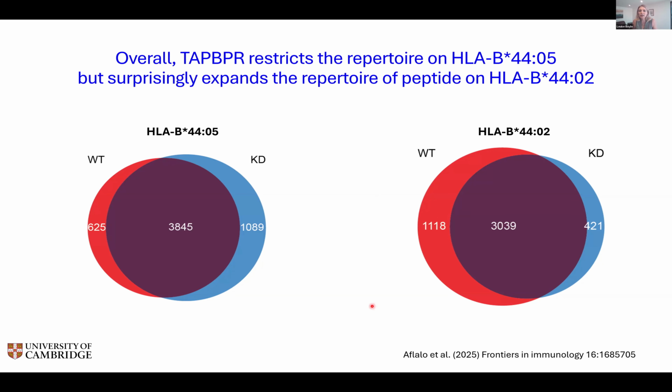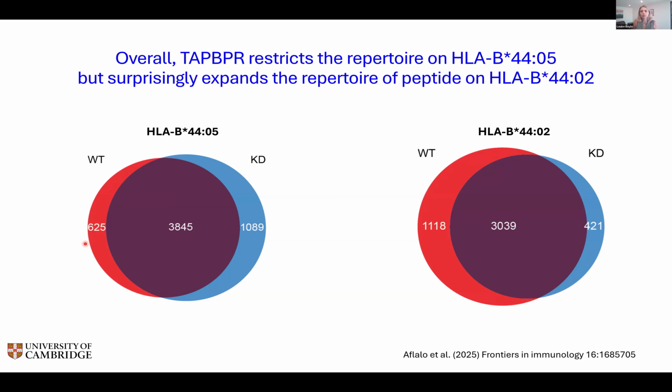So for B4405 expressing cells, what we found is that TAPBPR had an overall restrictive effect on the number of peptides that were presented. So in the TAPBPR knockout cells, we found a greater number of unique peptides displayed compared to the cells in which TAPBPR was expressed. And that fitted with what we found in the previous immunopeptidomic analysis.